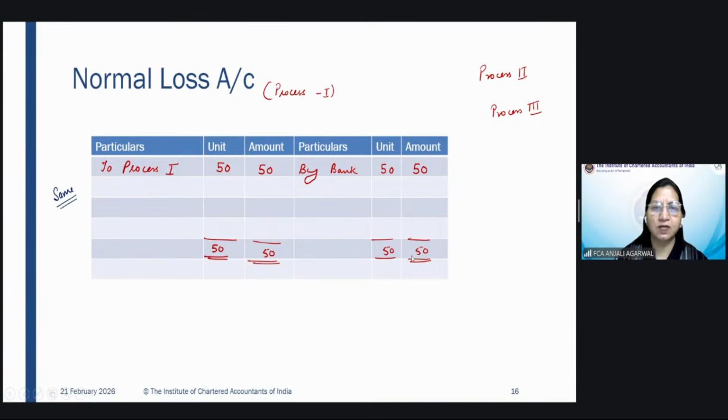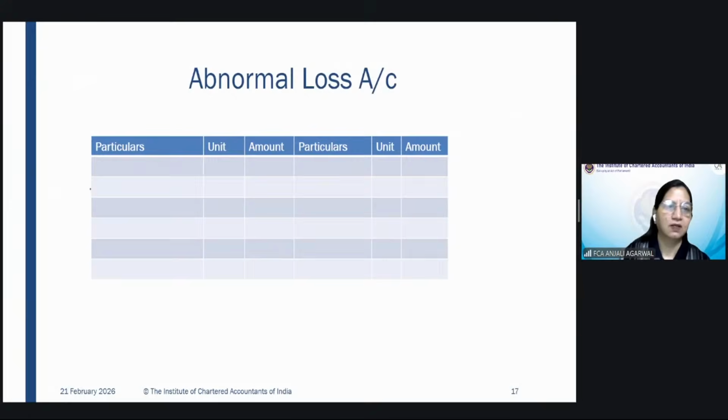But what happens to the abnormal loss account? Now, here also we will write to process one, 50 units, but not at 50, this time it is 524. So we have talked about earlier, any abnormal loss, what do we do with that?